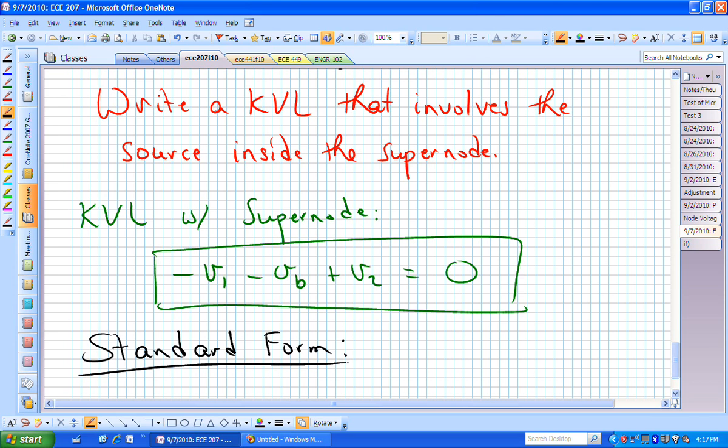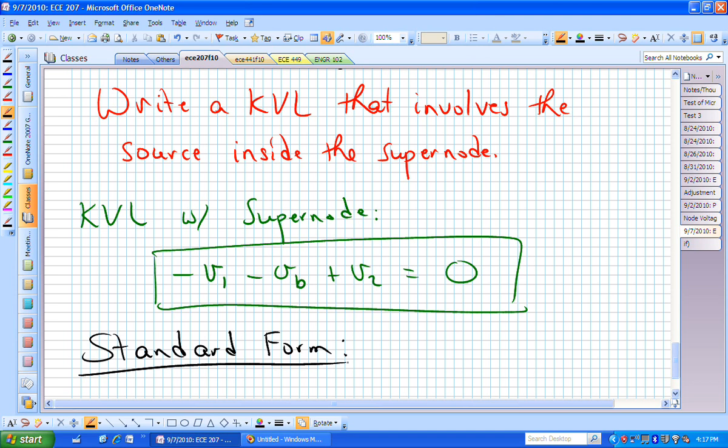Question? So even though V sub B is completely encompassed by the mesh, you use it in KVL? The question was, even though V sub B is completely enclosed in this supernode, can you still use it in your equation? And the answer is yes, because this supernode is just something convenient to help us solve this circuit.